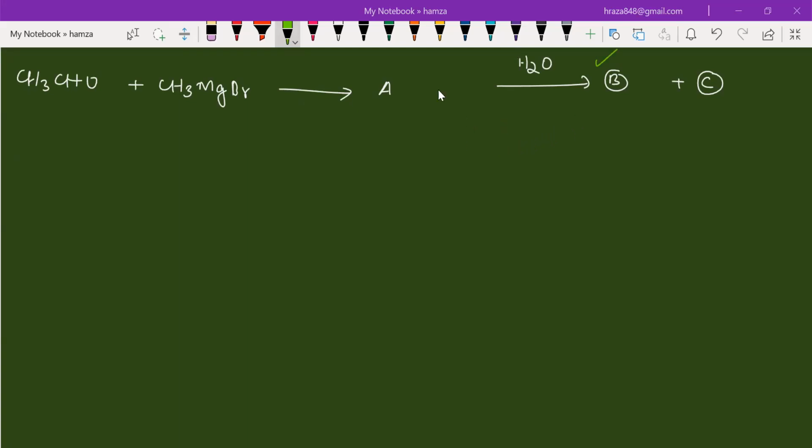Should I explain, Sneha? Sir, I'll just do the structure. Wait a second. You get the structure.